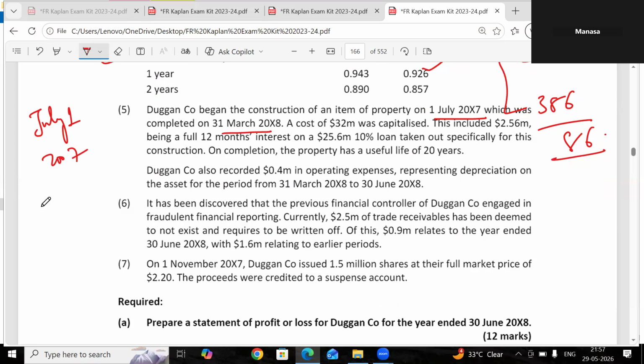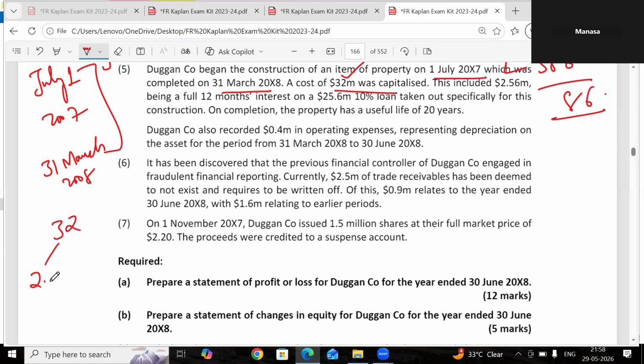That means how many months they took for completion, Mansa? 9 months. A cost of 32 million was capitalized, and that 32 million also included 2.56 million being for full 12 months interest.